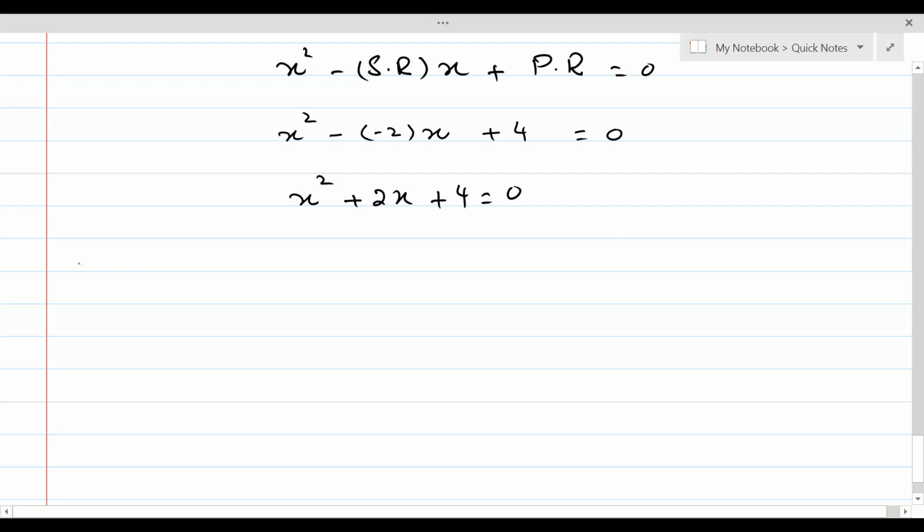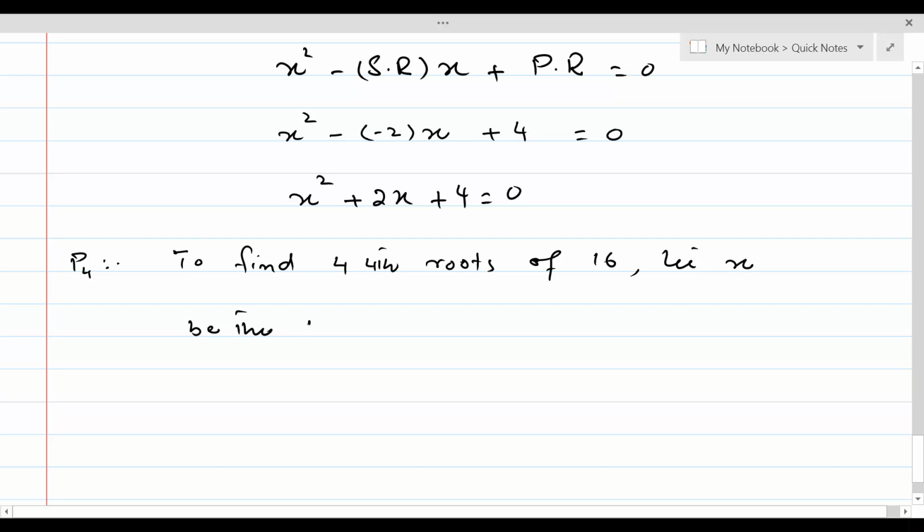Now, problem 4, to find the four fourth roots of 16, let x be the fourth roots of 16.